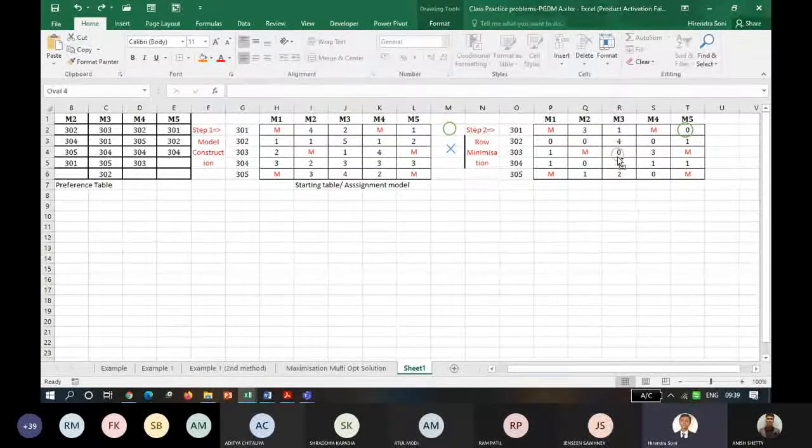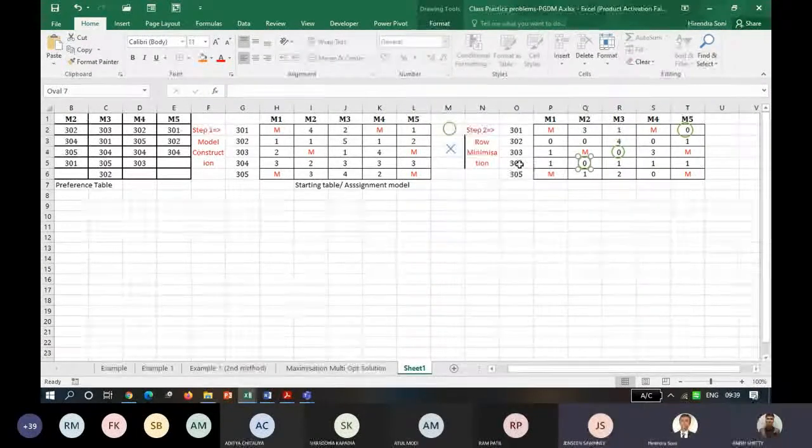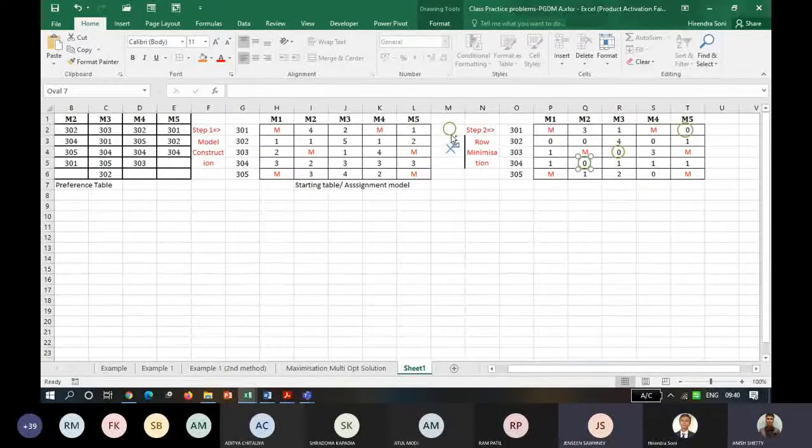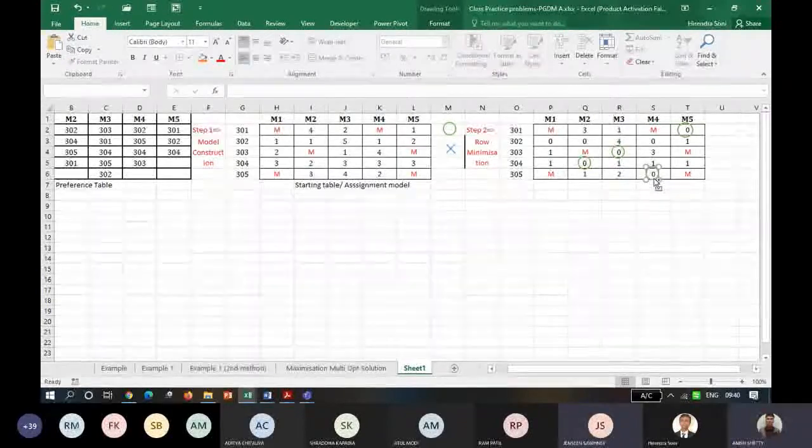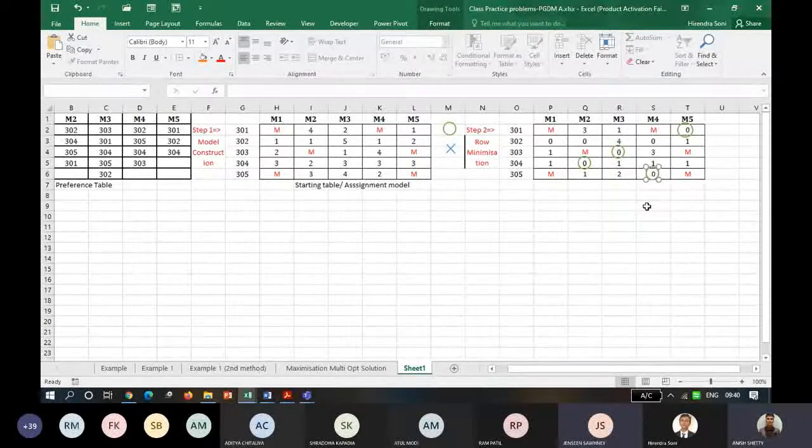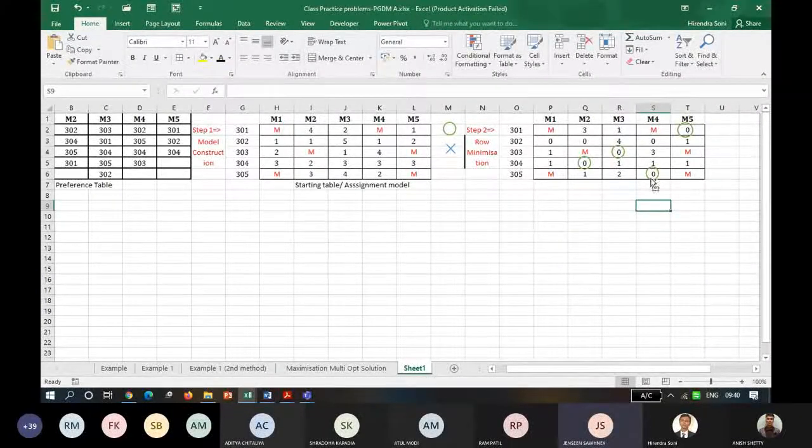So third row, we have got only one 0, so we'll simply make an allocation there. What about fourth row? M2. One 0, so we'll make an allocation there. What about fifth row? Sir, M4, M1, 302.